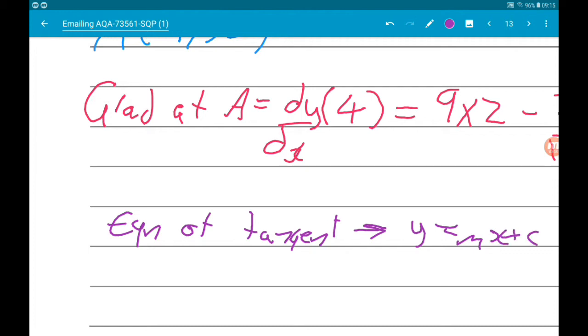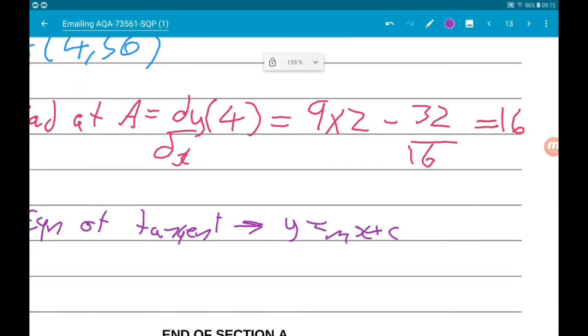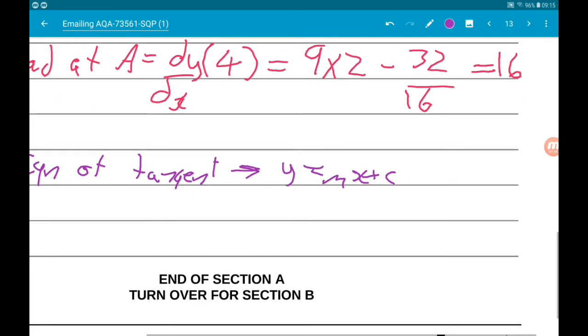Now we know m is our gradient, which is 16. So y is equal to 16x add c. Now to find the value of c, this is why we needed to find the y coordinate of point A. We now substitute the coordinates in.